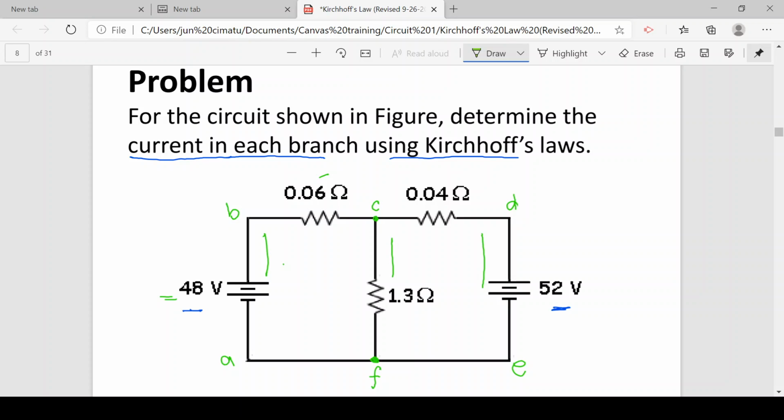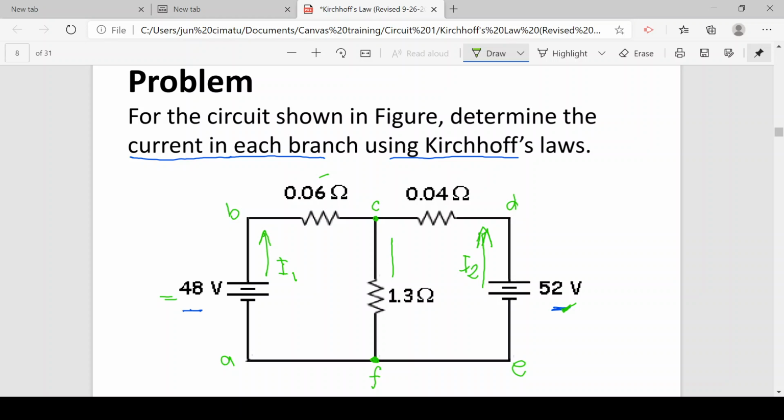Now let us identify the current direction for the 48 volt source and 52 volt source. We can simply say that these sources will supply current, and therefore our current here is coming from the 48 volt source, and let's name this as I sub 1. Also this is a source, so we expect this 52 volt source to be supplying a current, and let's name this as I sub 2.